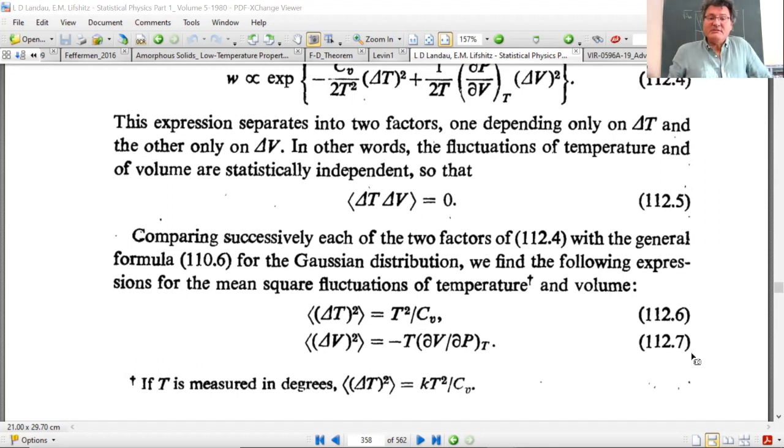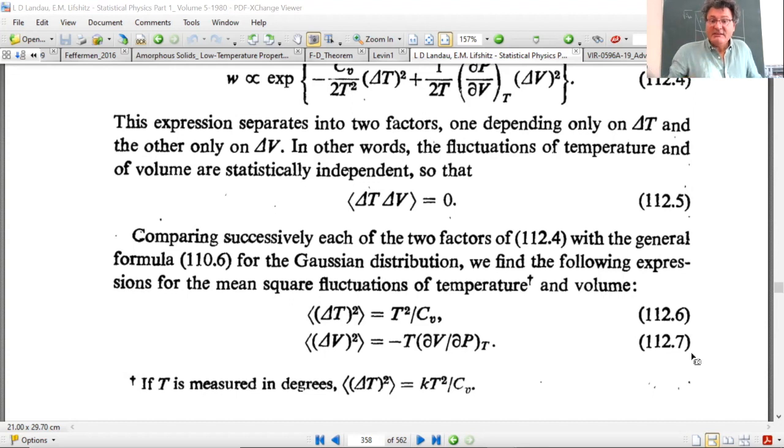The first equation tells that delta T square on average is k, the Boltzmann constant, T square divided by the heat capacity of the material.